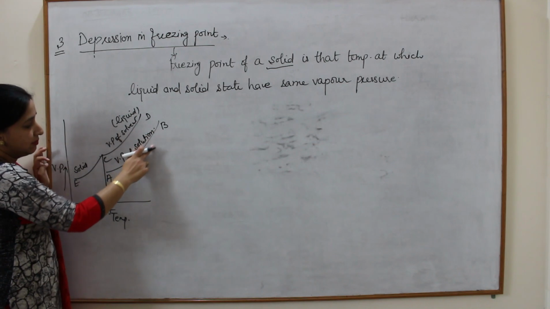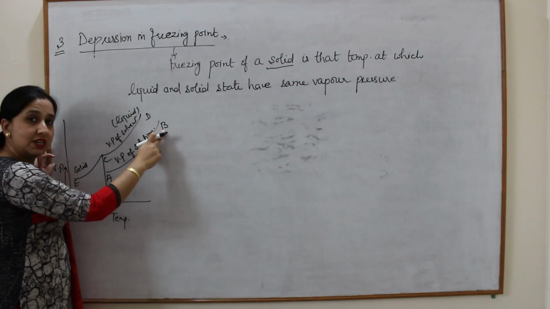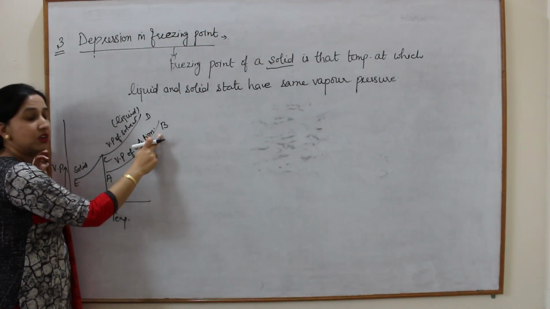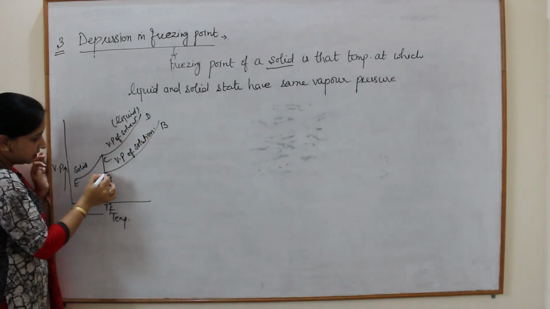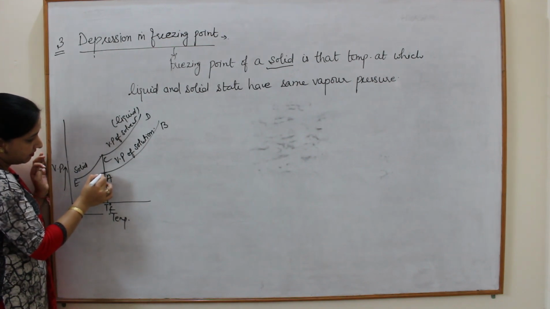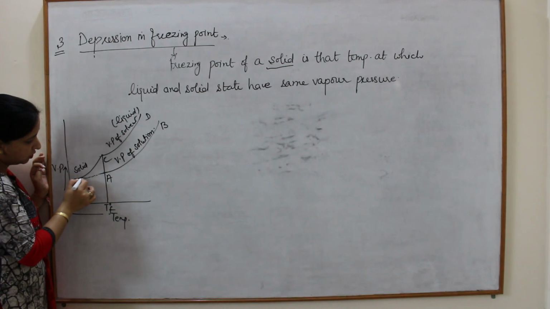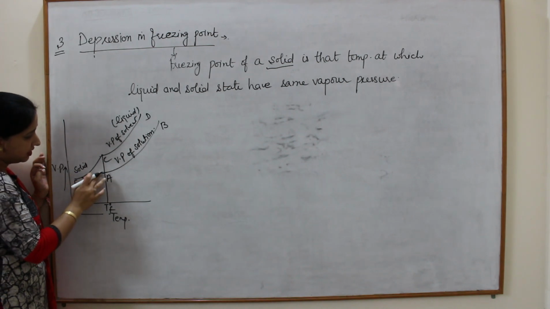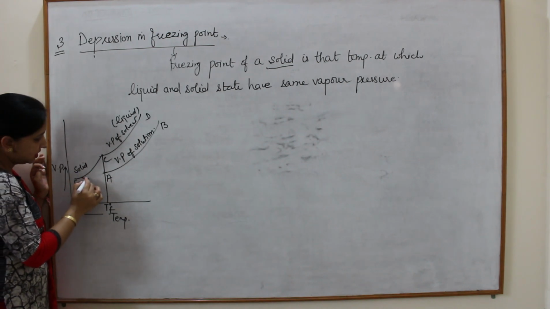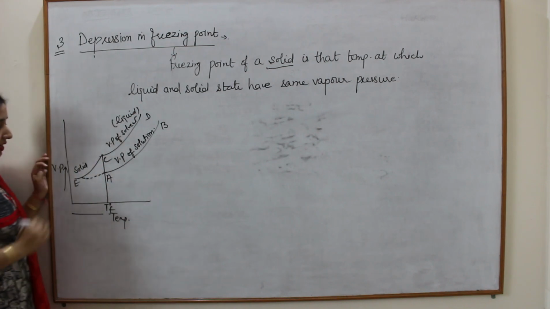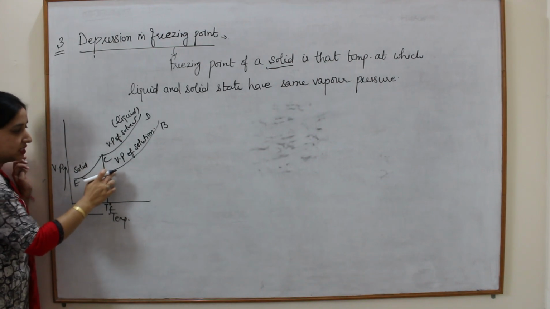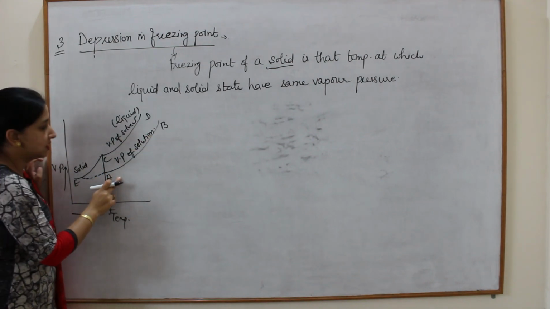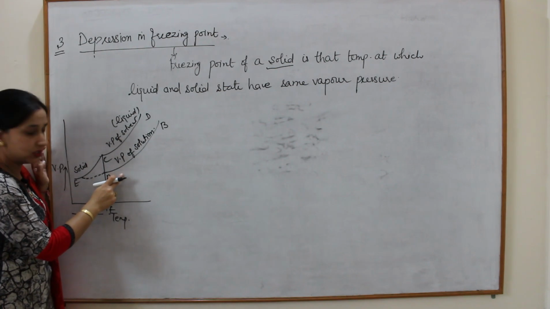So this curve represents the vapor pressure of the solution. So if we want to freeze this solution, means this graph will touch to this solid state. For example, this is as dotted line. So this graph showing the vapor pressure of the solution, means it is in liquid state.